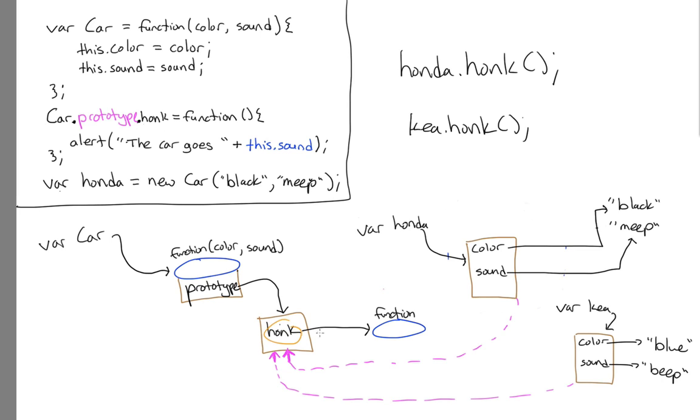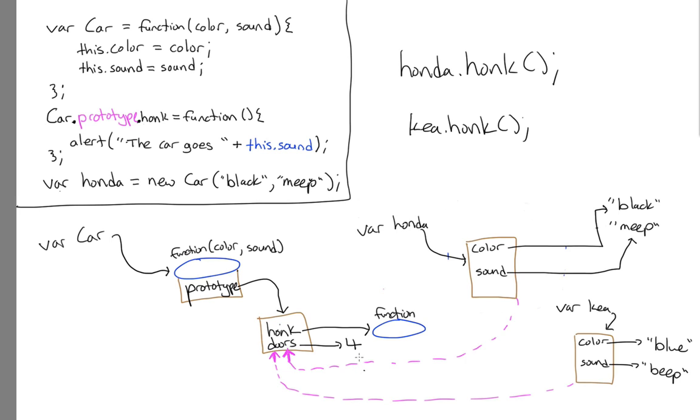Prototype properties do not have to point to functions, they can point to other things. For example, if you wanted every car to have 4 doors by default, you can make a property here point to 4.